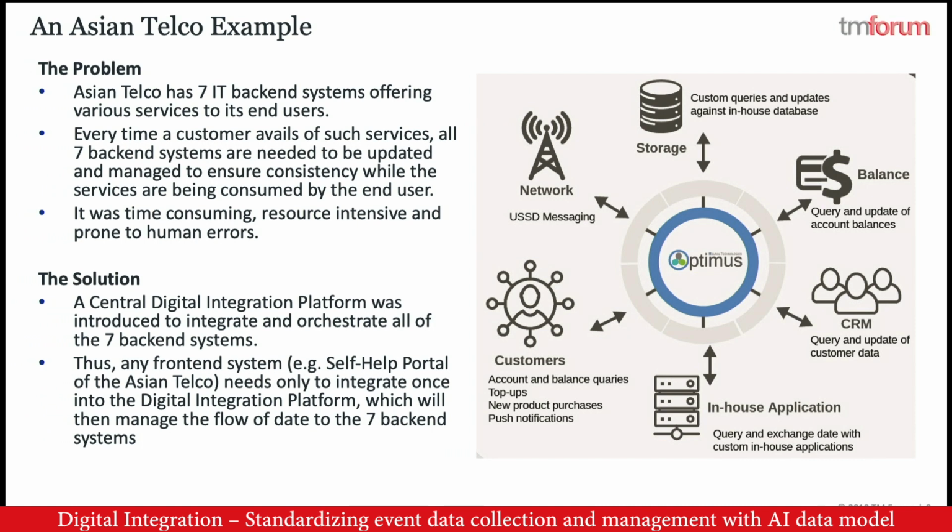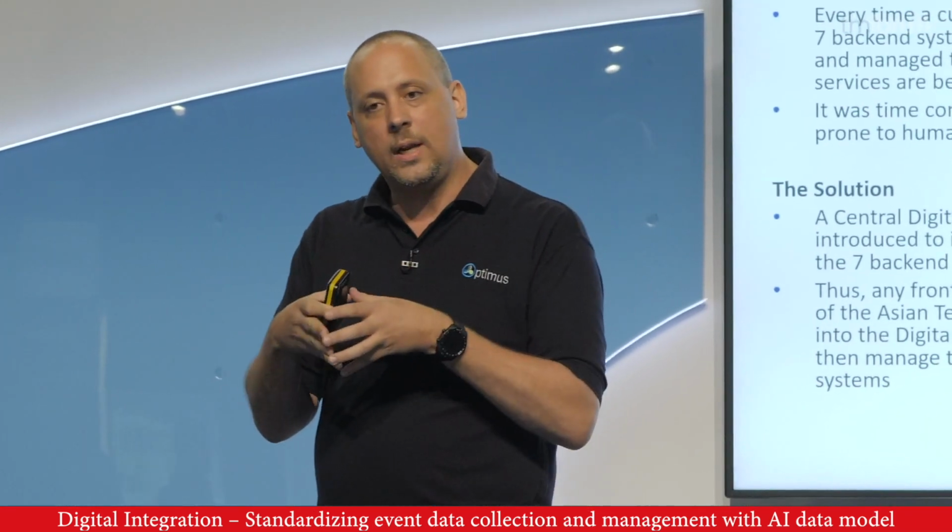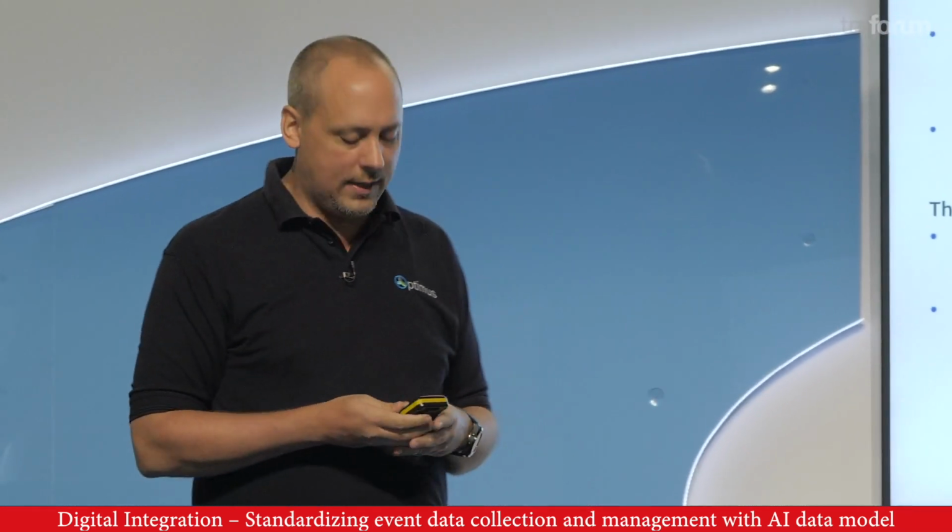So what we did with them was to look at standardization and classification, making sure the definitions were the same across, and then use our intelligence in the middle to make sure we could collect it and put it into a structure that enabled us to serve that.